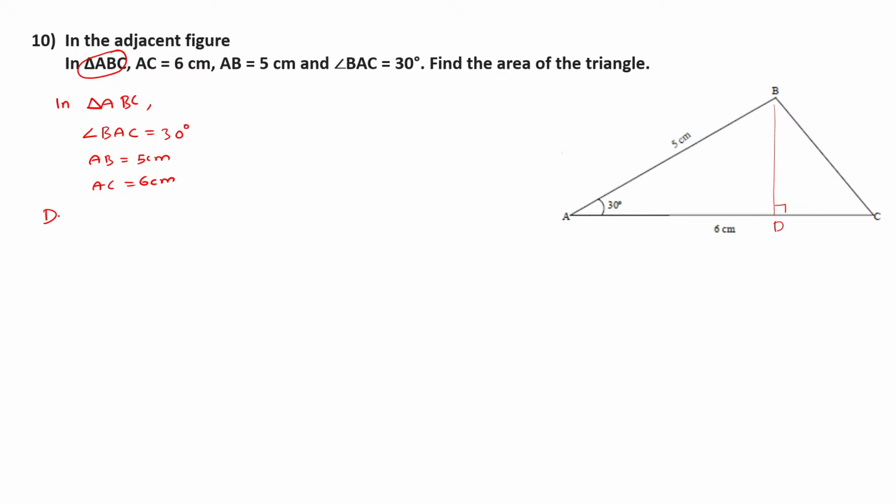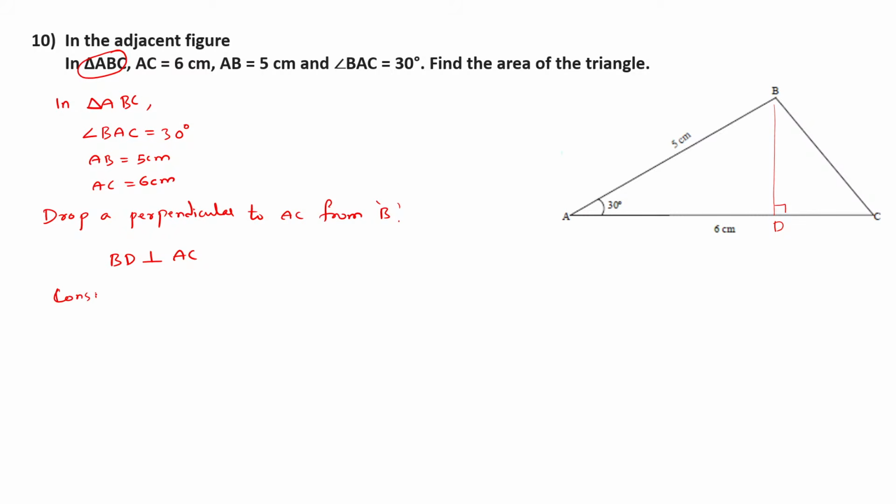Now, the extra construction that we are doing is to drop a perpendicular to AC. From which point do we have to drop? From point B. So BD will be perpendicular to AC. Now it is divided into two triangles.